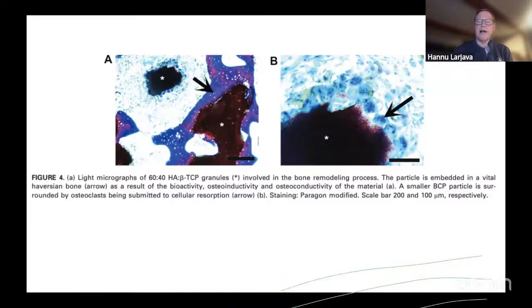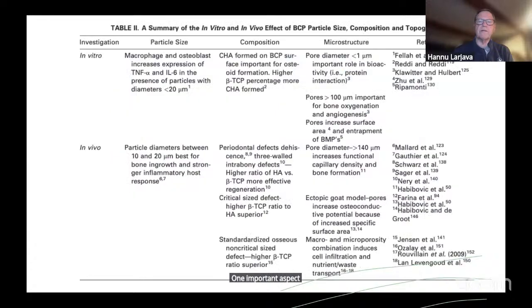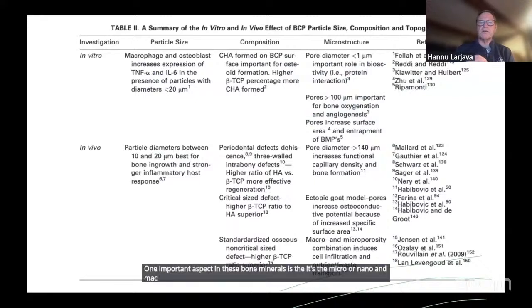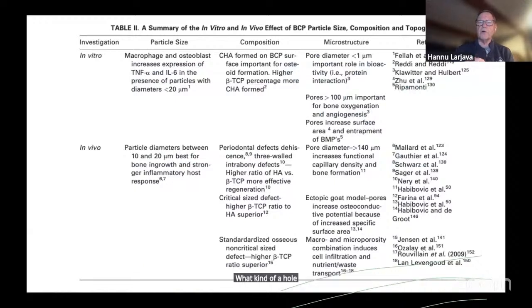One important aspect in these bone minerals is the micro or nano and macro structure. So ideally, they will have two kinds of holes. They will have bigger holes and smaller holes, and people have tried to figure out what hole size or pore diameter they should have.